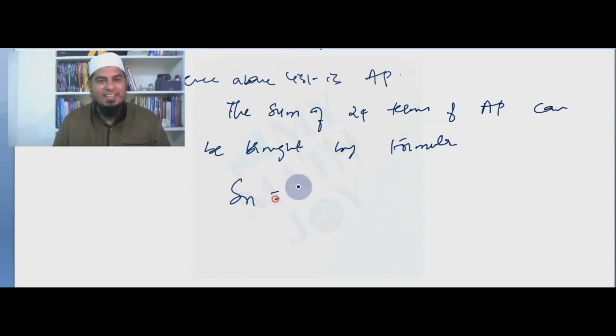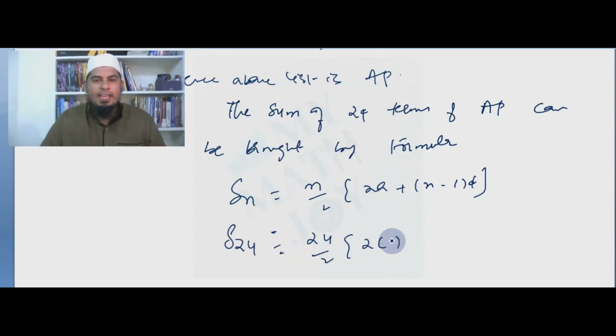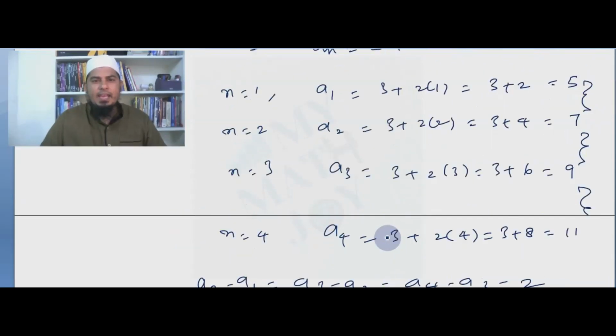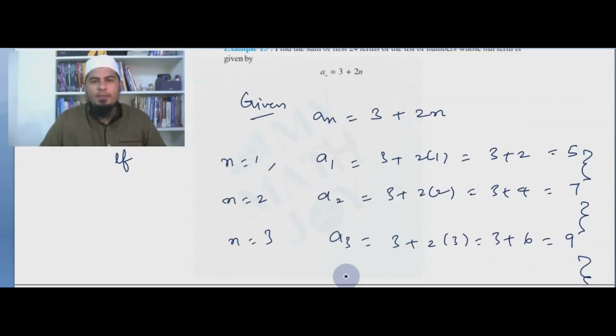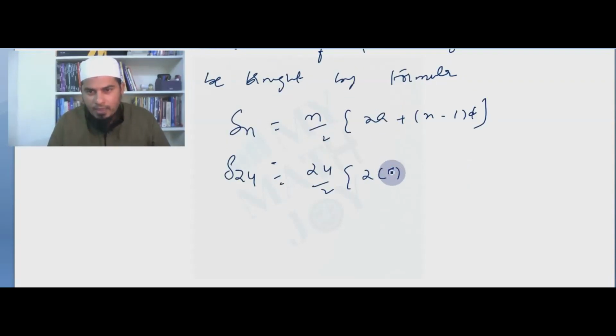Sn is equal to n by 2 into 2a plus n minus 1 into d. So you got it as 24 over 2 times 2a. What is a? A is my first term. a1 is 5. And n minus 1 is 24 minus 1, 23. And d, everywhere 2 is added.